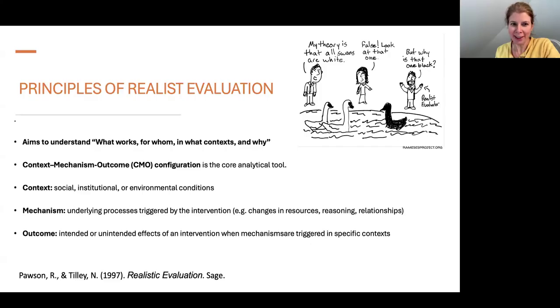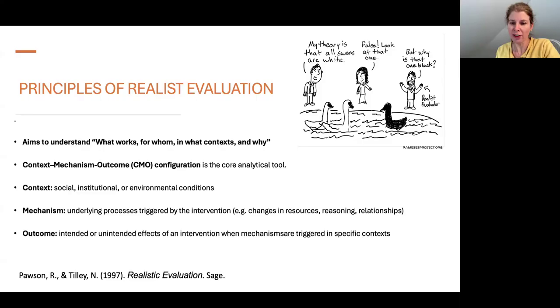At the core of realist evaluation is identifying what Pawson and Tilley have called context, mechanism, and outcome configurations. By context, they mean the social, institutional, environmental conditions in which an intervention happens. By mechanism, and this is probably the most important part of it, they mean the underlying processes that are triggered by the intervention in a context.